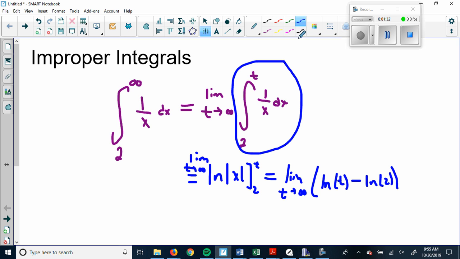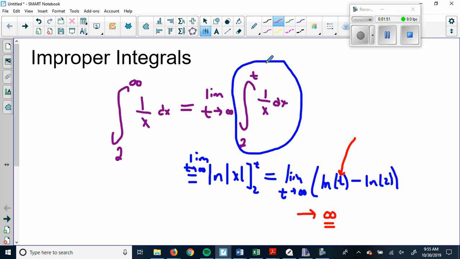Well, what happens when we plug in infinity here? We're not really going to plug it in, but what happens when t gets big? Well, that goes to infinity. And so when that happens, that area is so big we can't count it.